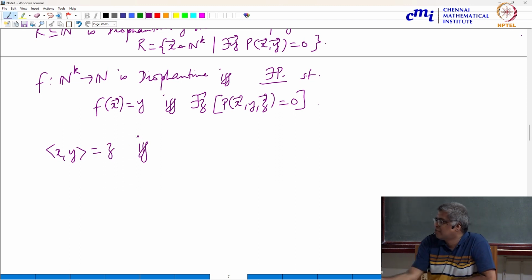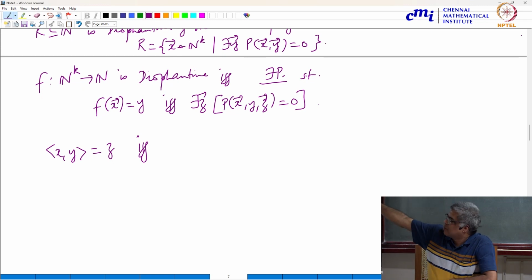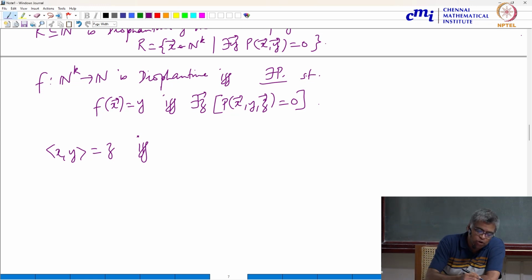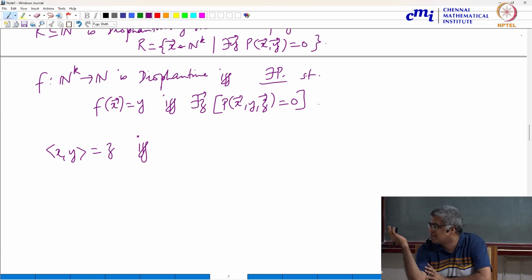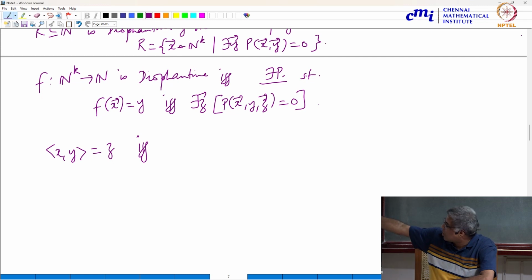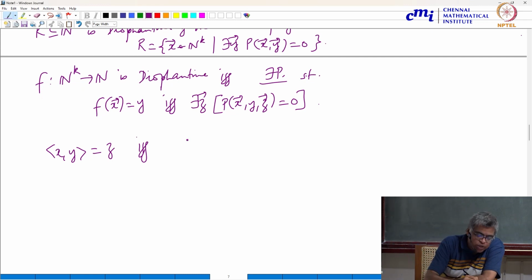What is the definition of this angle bracket? (x plus y)(x plus y plus 1)/2 plus x, right? So when would you say that this thing happens? You don't even need to say there exists z, there exists something, etc. All the variables that you need are right here. You just need to say 2z equals (x plus y)(x plus y plus 1) plus 2x.